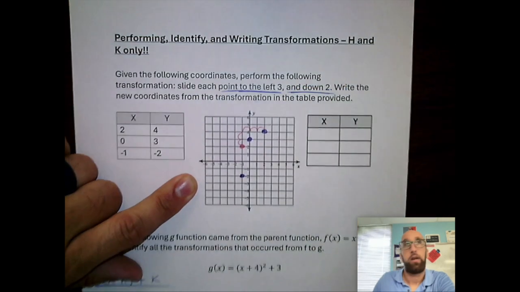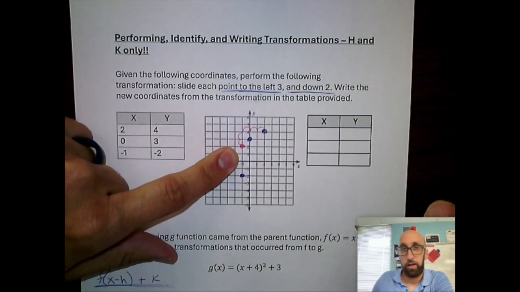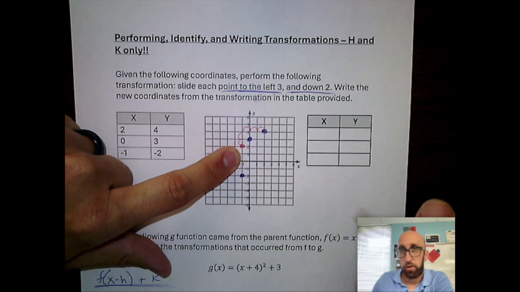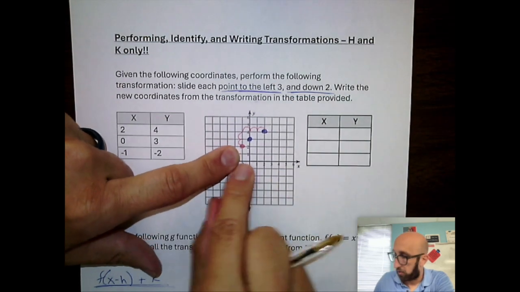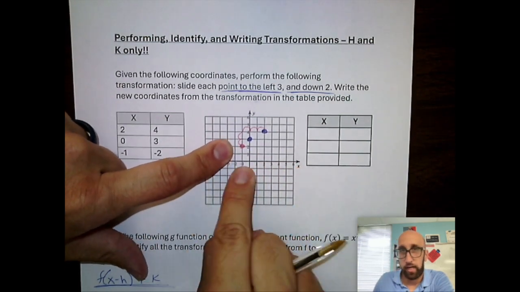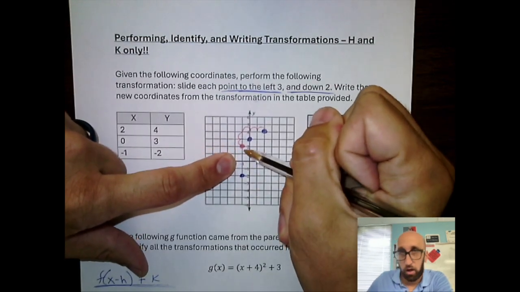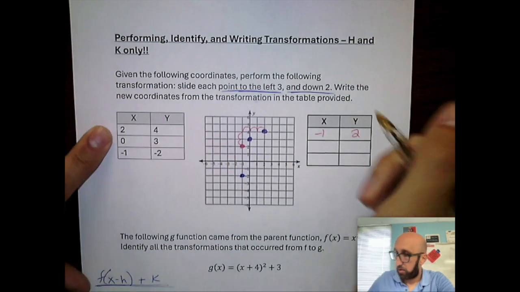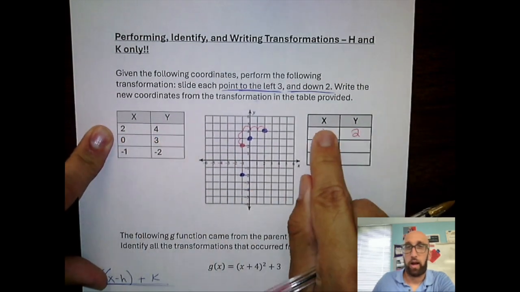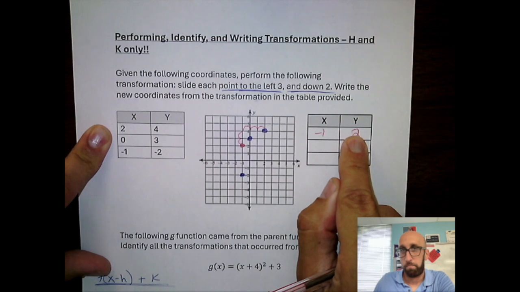There are my new coordinates in red. I just need to write out these coordinates, the x first and then the y. This new red point is at an x of -1 and a y value of 2. So that first point, after it's transformed, goes to (-1, 2).